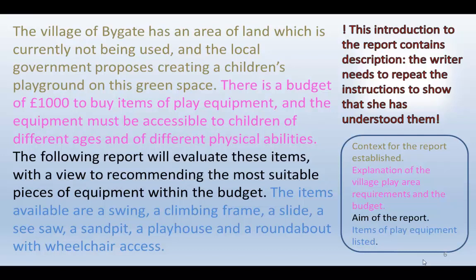Then we've got the explanation of the village play area and the requirements, that the play equipment must be accessible to all children, different ages, different physical abilities. Then we've got the aim of the report and the items of the report that need to go in there. Now, all of that is just description, and it's ensuring that the reader understands that the writer knows what the purpose of this report is.